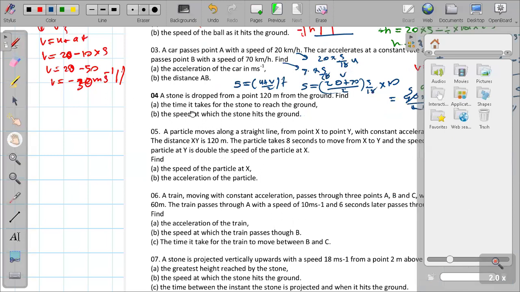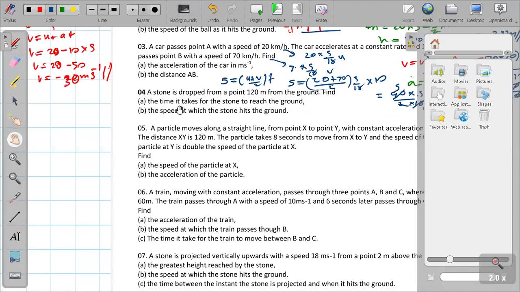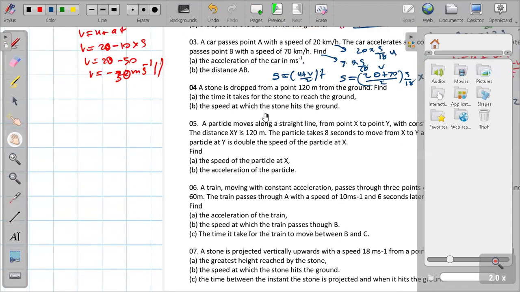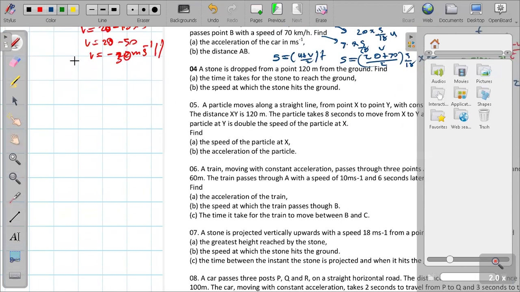A stone is dropped from a point 120 meters from the ground. Find the time taken for the stone to reach the ground. U equals 0.